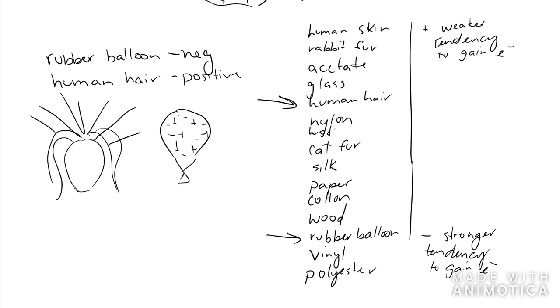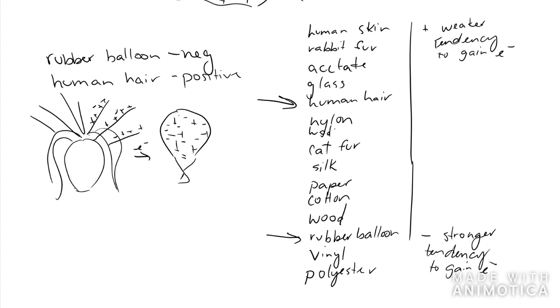Well, what happens is when you've transferred the electrons to the balloon, it means that you have more positive than negative on your hair. I mean, you'll still have a few negatives, it won't strip all of it.